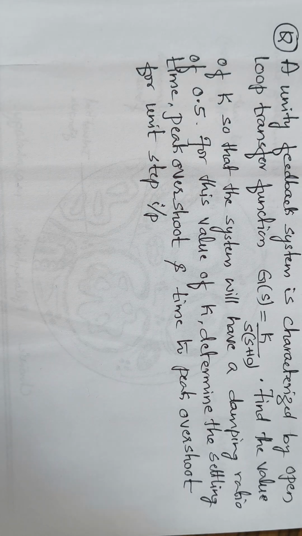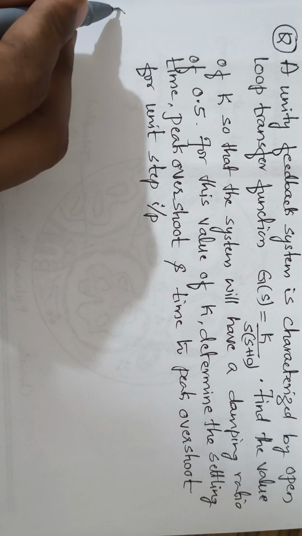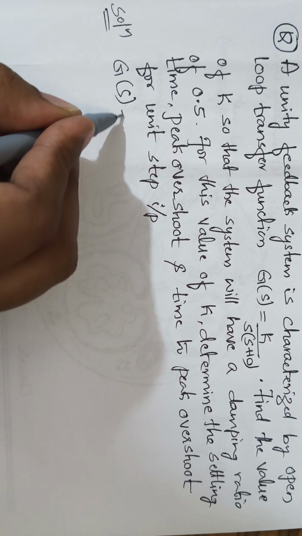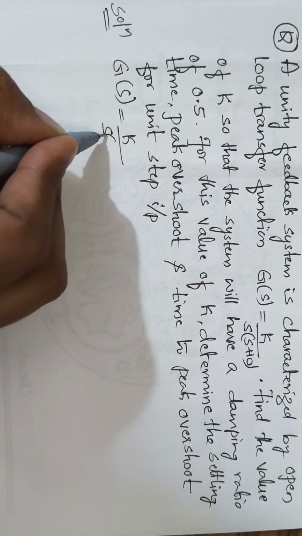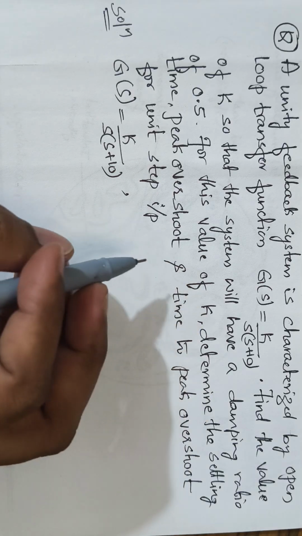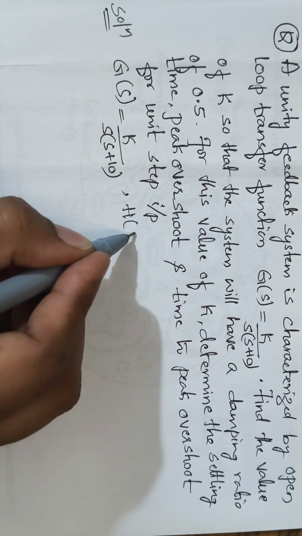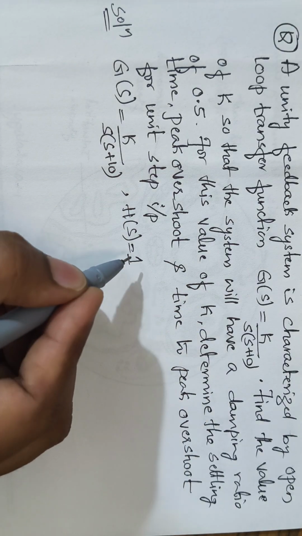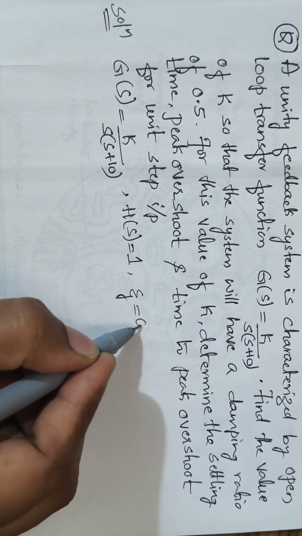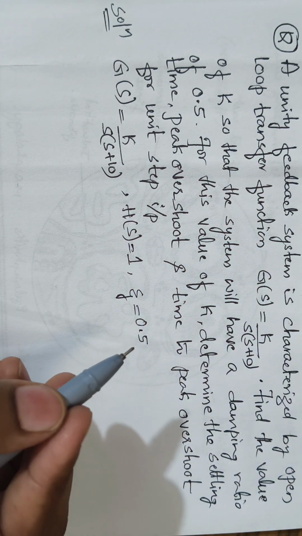Okay, so first we'll write what is given in this problem. Here G(s) is given: G(s) is K divided by s into (s + 10). This is a unity feedback system, therefore H(s) is equal to 1, and the damping ratio zeta is given as 0.5.